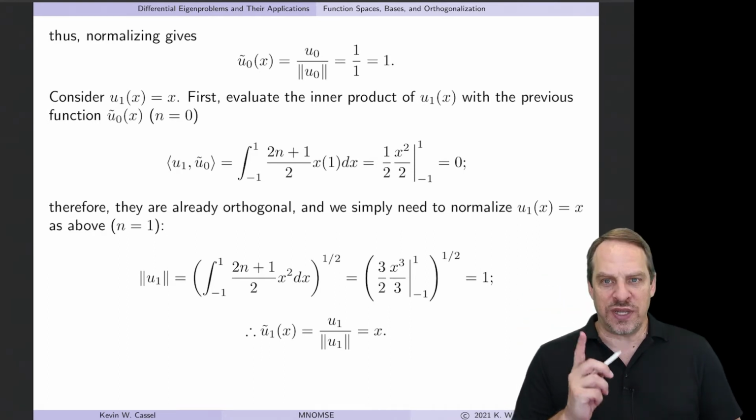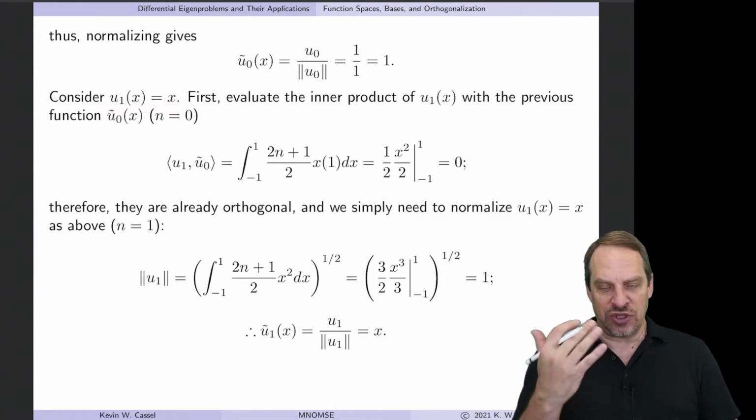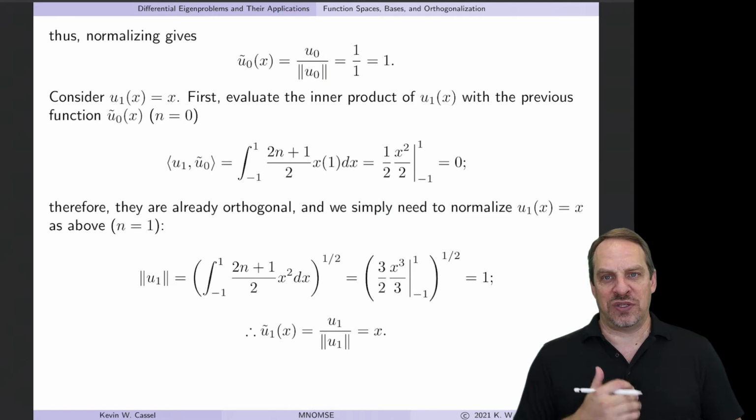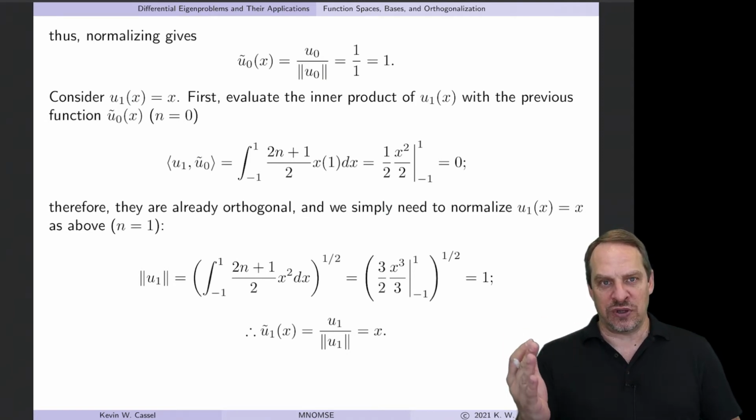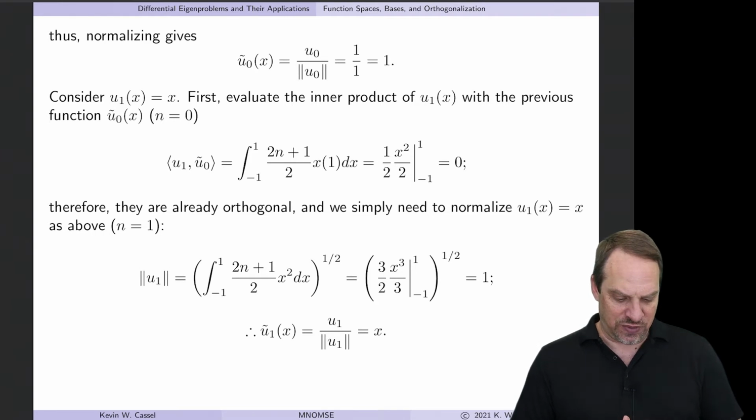So then the next step is to take u1, which is x, and we're going to change it in a way that makes it orthogonal to u0 tilde, and then we'll normalize it as we did before. Now in order to do that, we're going to need the inner product of u1 with u0 tilde.